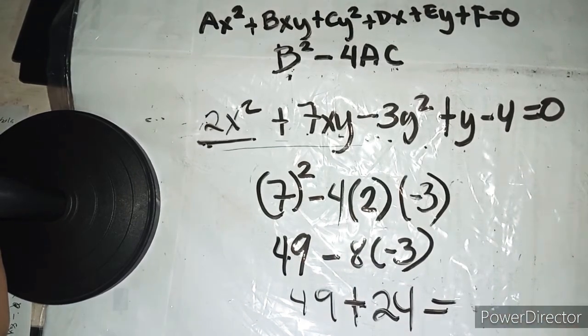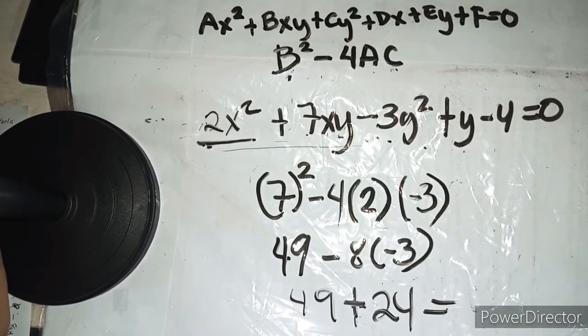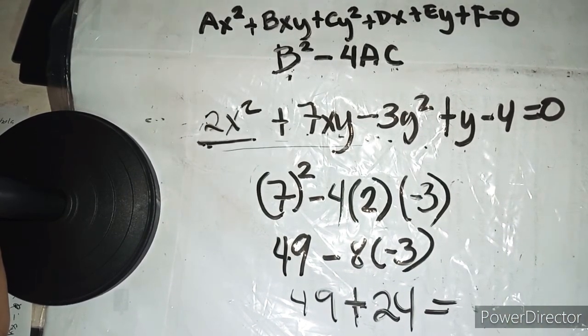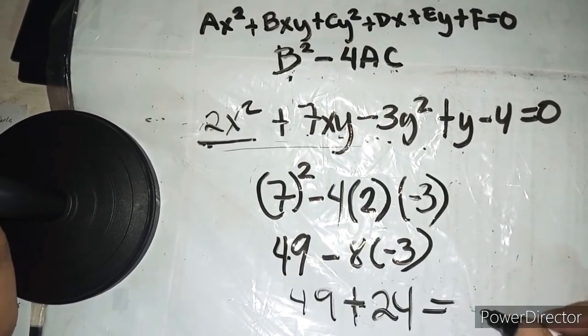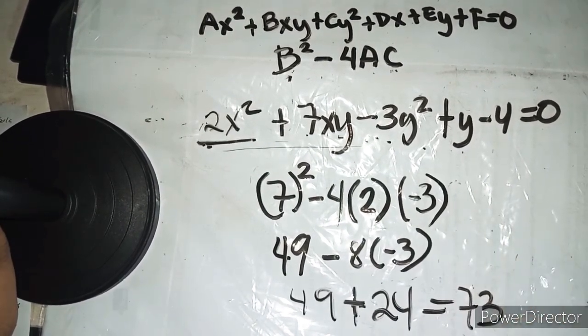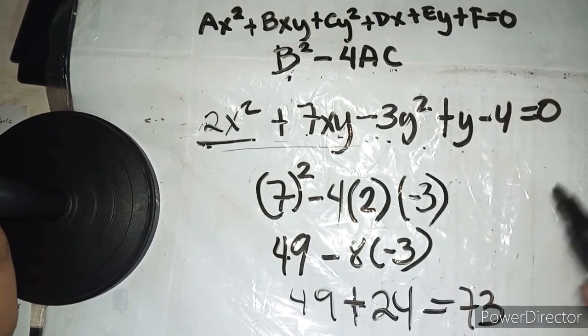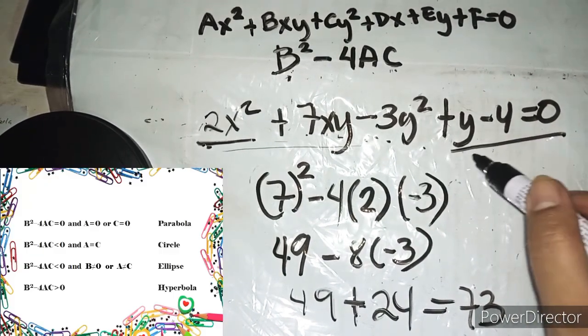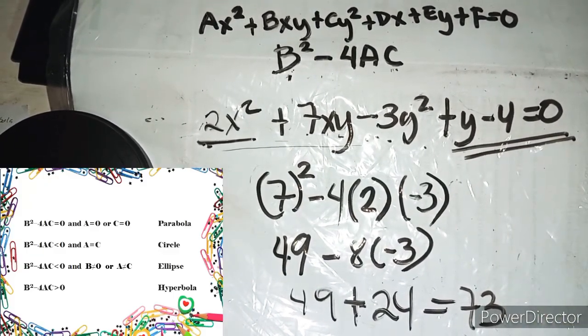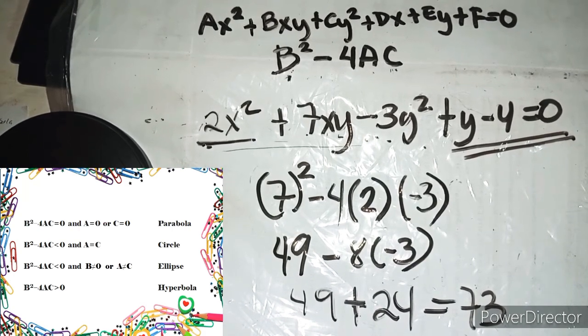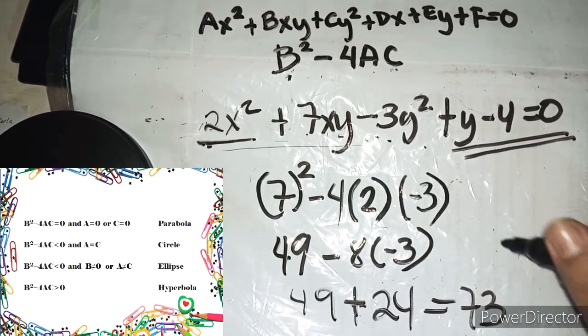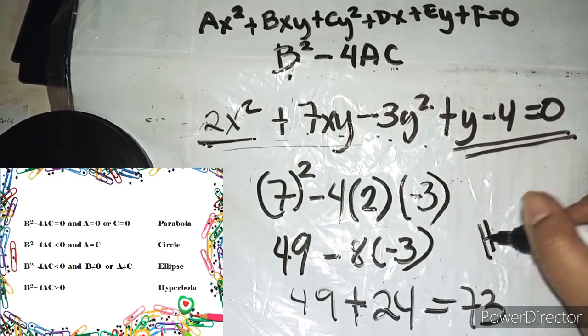So 49 plus 24 is equal to 73. Now, what kind of equation is this? That's right. So this is a hyperbola.